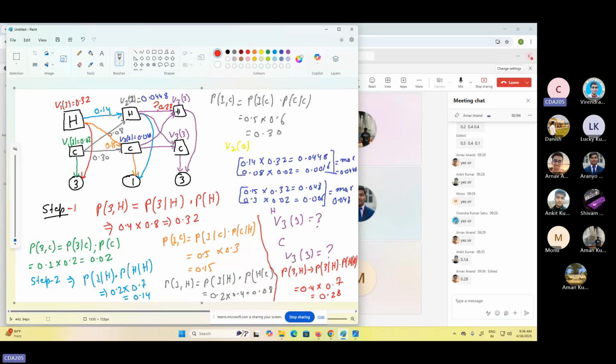Arnav, you are right. Now you calculate from H to C for the 3 ice cream. What is the value of this one? H to C. Calculate. Yes, Ankit, have you understood how 0.28 came?